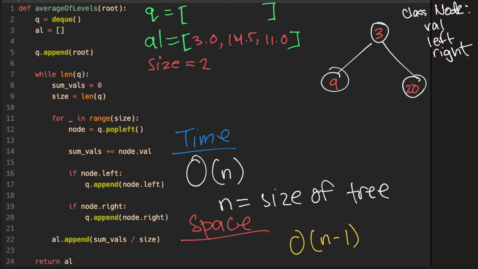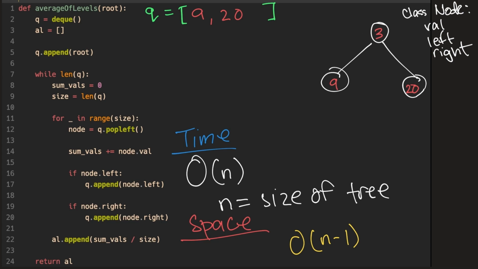So in the worst case, we would need to have 9 and 20 in our queue. And let's just remove this too, just to prevent confusion. So in the worst case, we would need to have both these nodes in our queue. And the size of our n is 3 in this case.